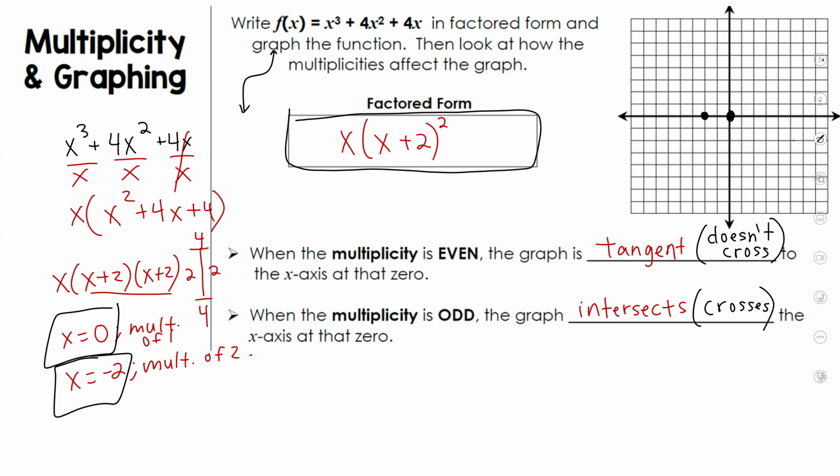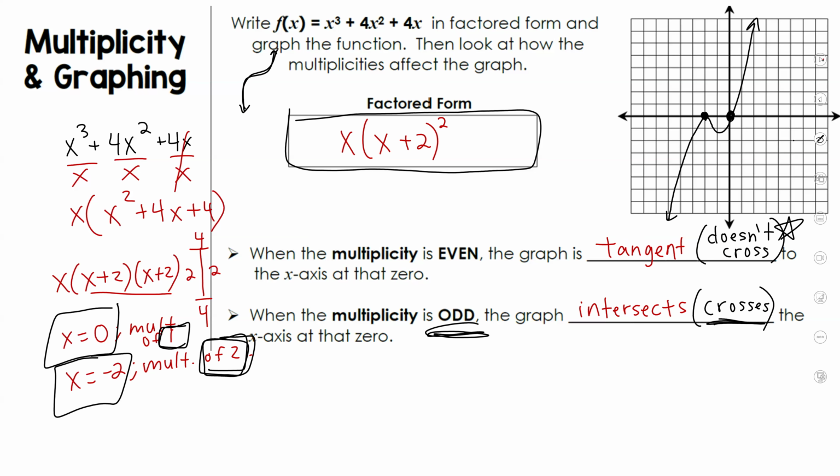That means I'm going to start down here and go to the first x-intercept, -2. Remember you said -2 has an even multiplicity? That means it will not cross. So go away. Now go to the next one. This one had a multiplicity of 1. That is odd. What did we say? It crosses. Go through it. Doesn't that kind of look like what you just drew in the air?